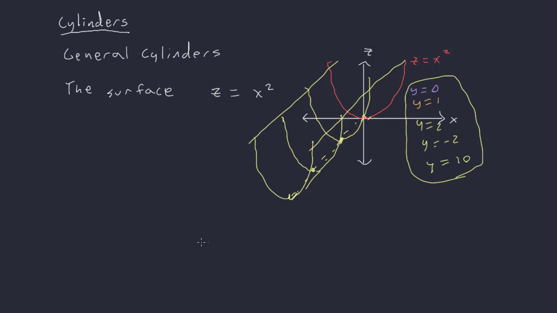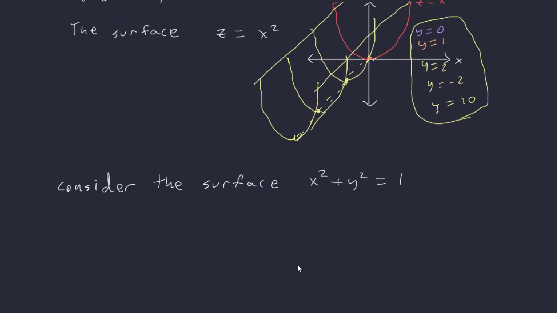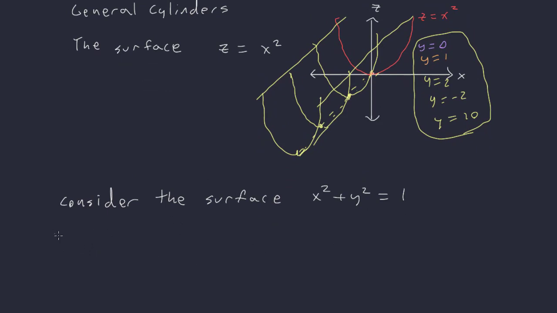Right, and the reason it's called a cylinder is because if we consider the surface x squared plus y squared equals 1, there's no z here. So every z trace is going to look like the unit circle.